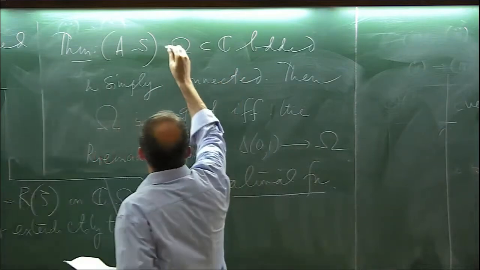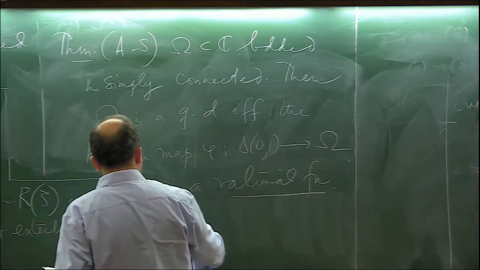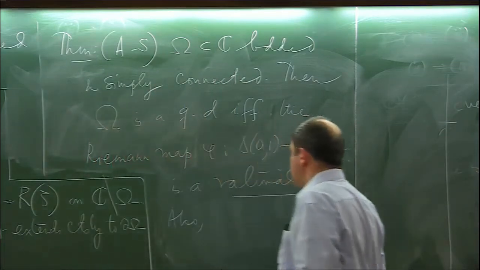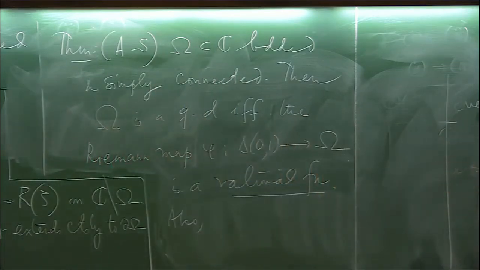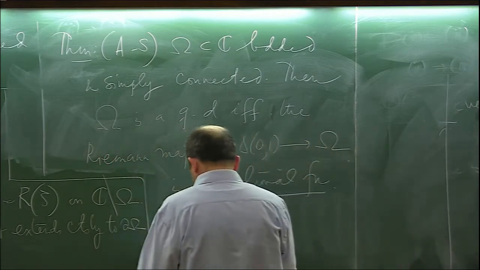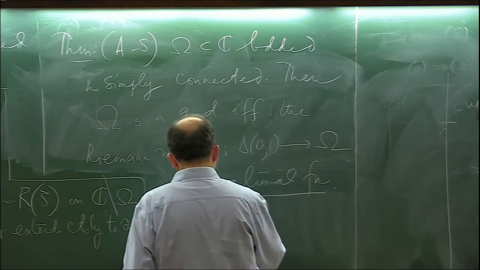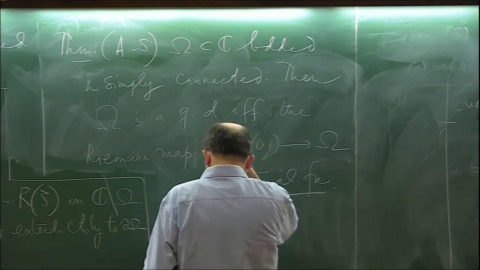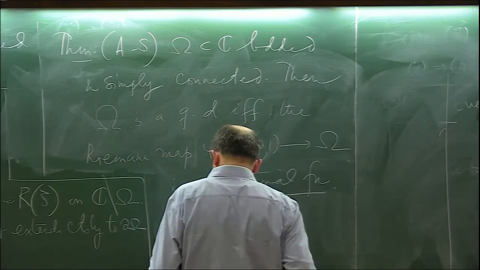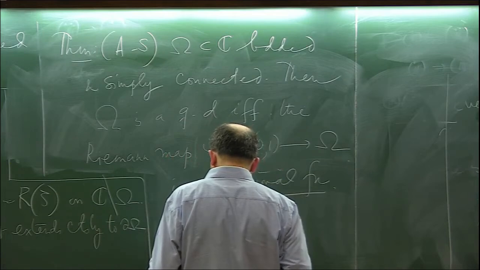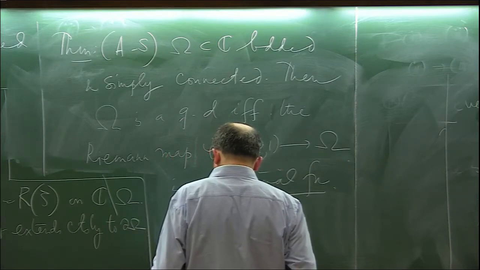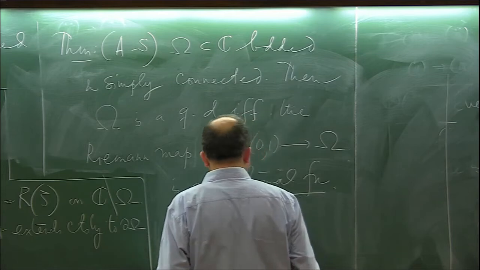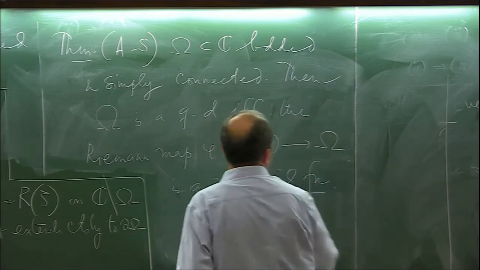It says something more. So furthermore, well, if you happen to be a quadrature domain, then you would like to know what the nodes are, what the quadrature identity is, and so on. Also, let me state this carefully.